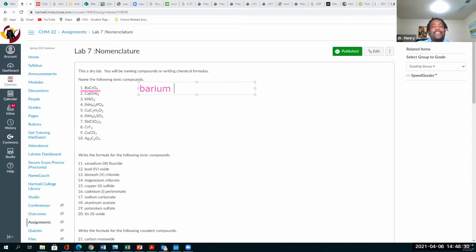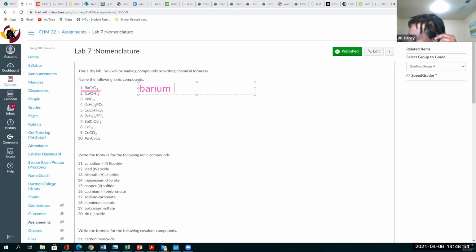Now this is where I get a chance to see if you pick this up well. Where's barium located? Group 1, group 2, group 3, group 4, group 5? Group 2, right? That's the alkaline earth metals. What is the charge on the alkaline earth metals? 2+.